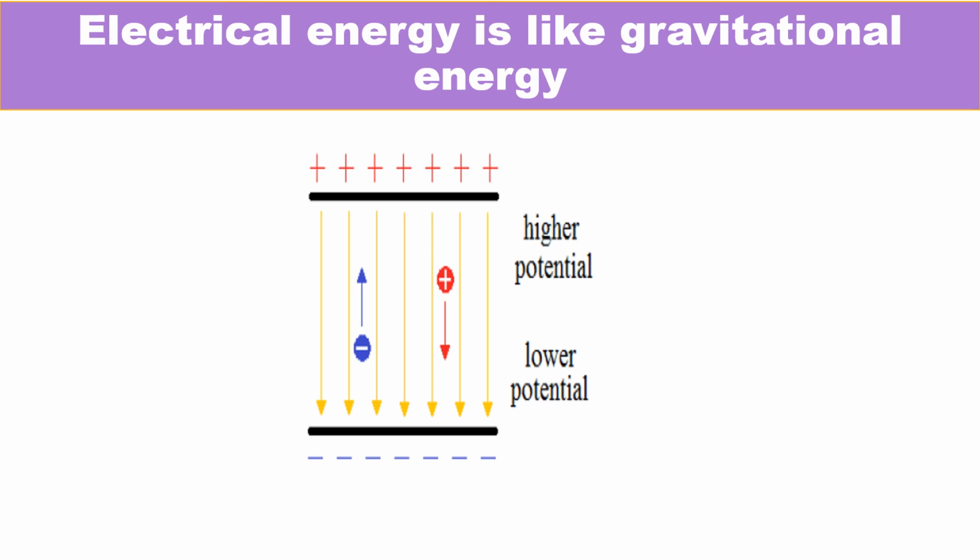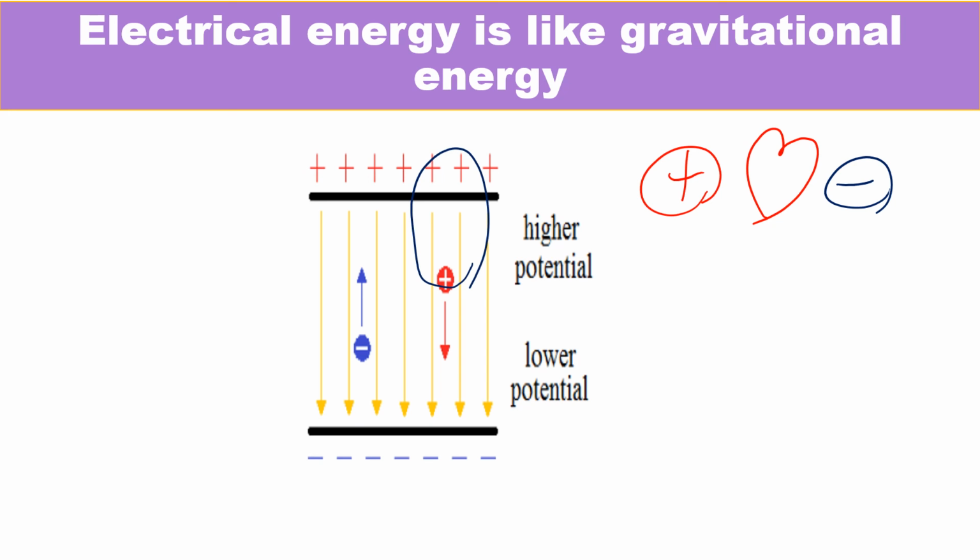And like I said, electric energy is just like gravitational energy, except we have to think about one fact: opposite charges attract. So if something is at higher potential, it is located further away from the different charge as a start.